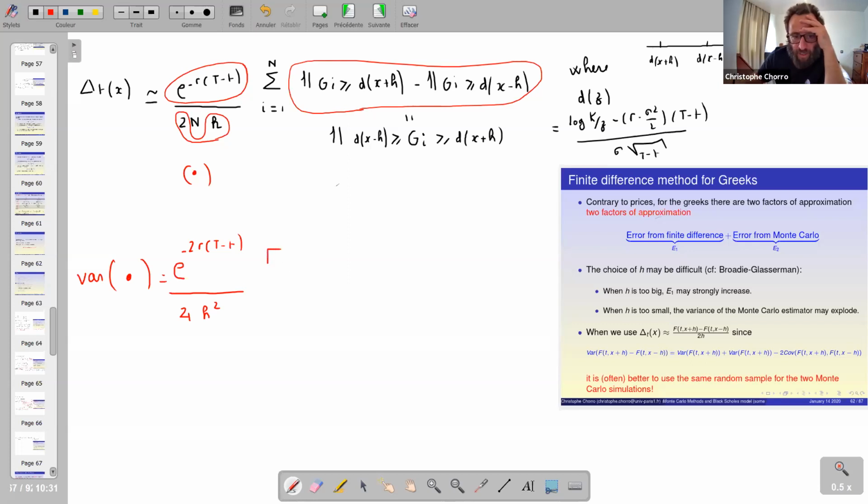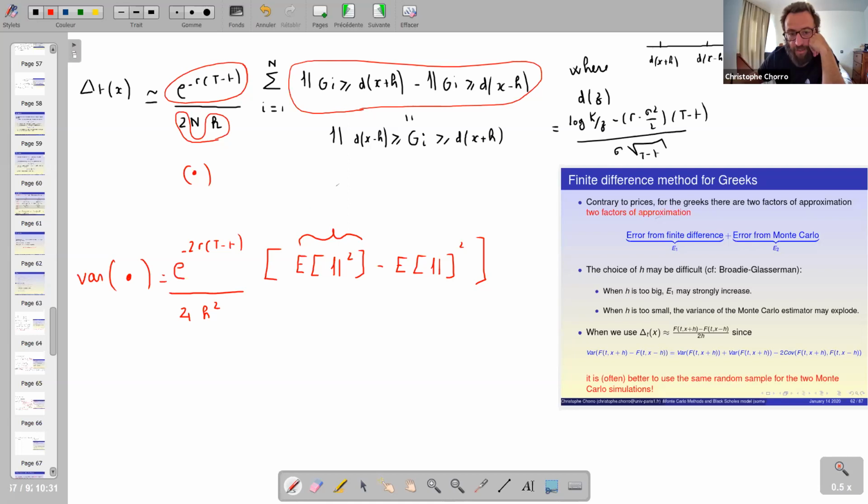The variance of this term is given by the expectation of the square of the indicator function minus the square of the expectation of the indicator function.